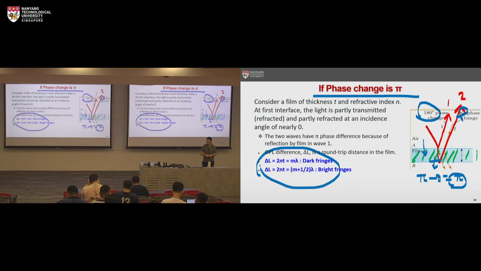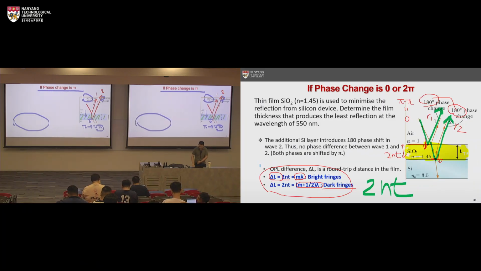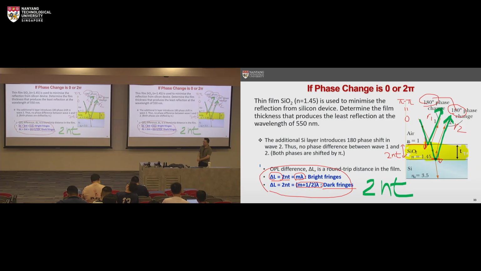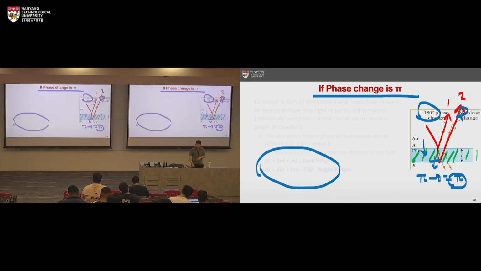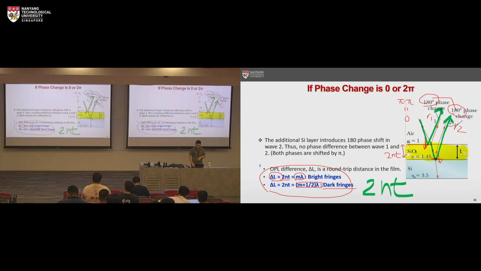You need to keep in mind, totally understand. Basically, it looks like there are 4 sets of equations, but you don't need to memorize all. You just need to memorize one set. If the phase change is 0, bright fringe is m lambda, dark fringe is (m plus 1/2) lambda.